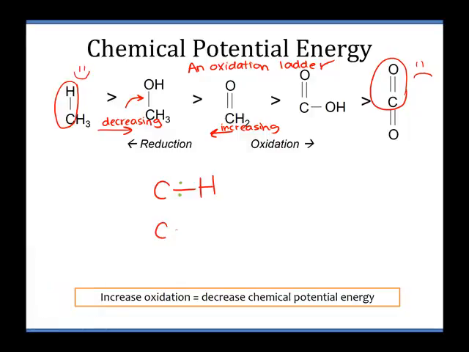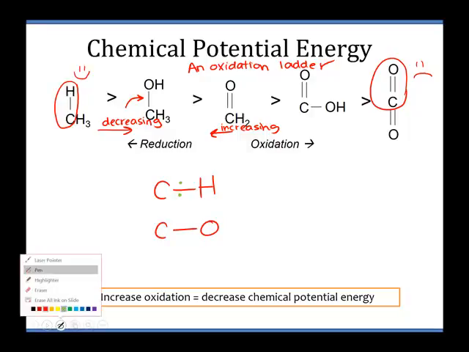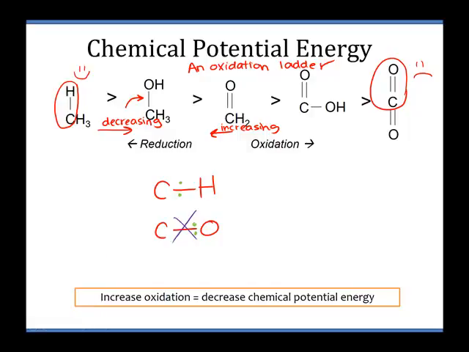If we look at something like a C to O bond, those electrons are going to be hanging a lot more around the oxygen instead. Oxygen's more electronegative. This bond is easier to break, so it yields less energy for us. So the harder a bond is to break, the more equally shared those electrons are, the higher the energy in the bond. At least that's how we can think of it.